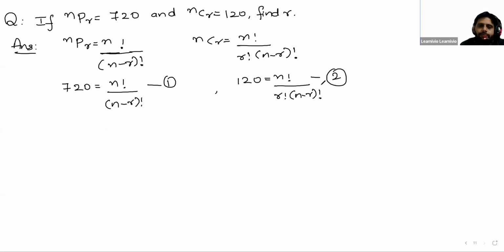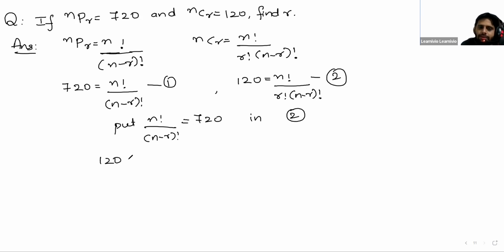This is second. So divide 1 by 2, or it's your choice. What you can do, put this value here. So put n factorial by n minus r factorial is equal to 720 in second.